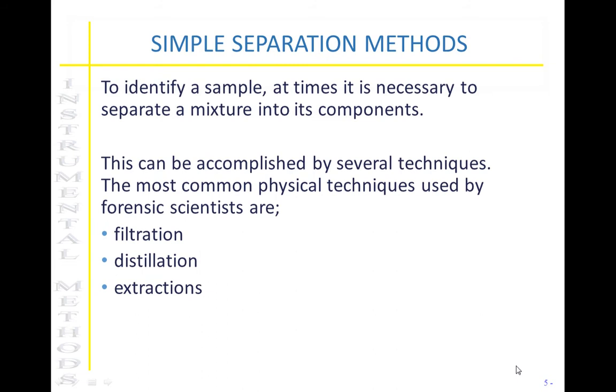The simple separation methods are necessary to separate a mixture into its components so that each of the components can actually be identified. This can be accomplished through several techniques in the laboratory, either through filtration, distillation, or through extraction processes.